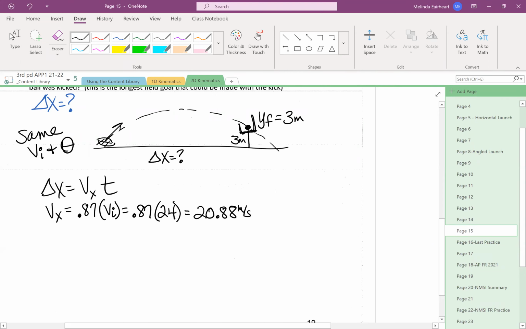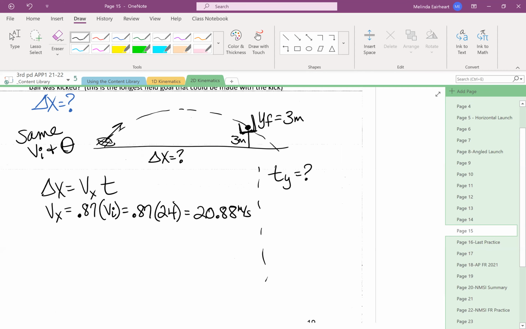So notice to find the range, I need the time. Well, the time is going to be less than 24, but don't start doing any kind of proportion. We need to solve for it. So pause in the horizontal, solve for time in the vertical. So just moral of the story, it's not symmetrical, nothing zeroes out.